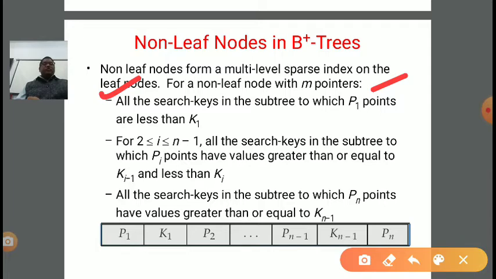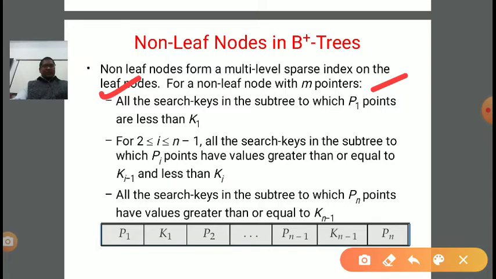Second, for i ranging from 2 to n minus 1, all the search keys in the subtree to which p of i points have values greater than or equal to k of i minus 1 and less than k of i. All the search keys in the subtree to which pn points have values greater than or equal to k of n minus 1. These are the important concepts about non-leaf nodes in B plus tree.